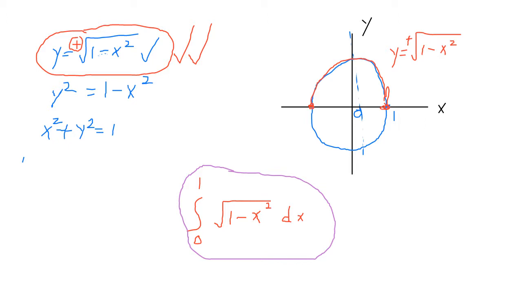In terms of my picture here, could I shade in the area that they're talking about? Could anybody shade in on the circle the area that this definite integral represents? Do we have any volunteers?